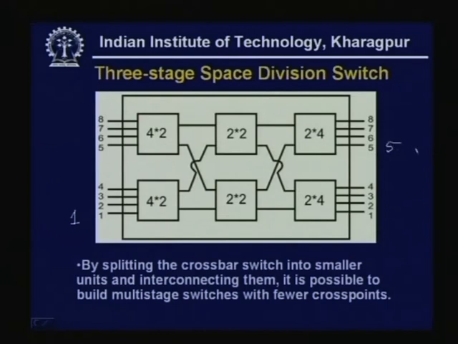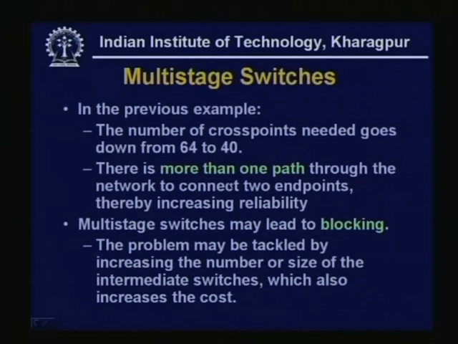How can the connection be done? 1 can be connected through this path, or it can be connected using this path. So, multiple paths exist, which increases the reliability. If there is a failure in one path, another path can be used for establishing the connection. So, this is an important advantage.